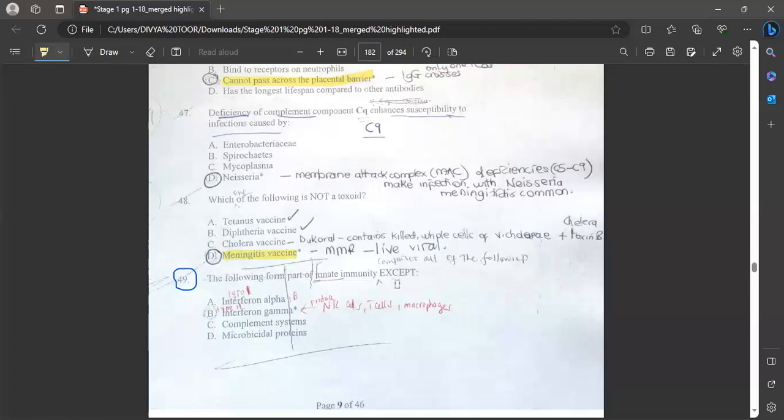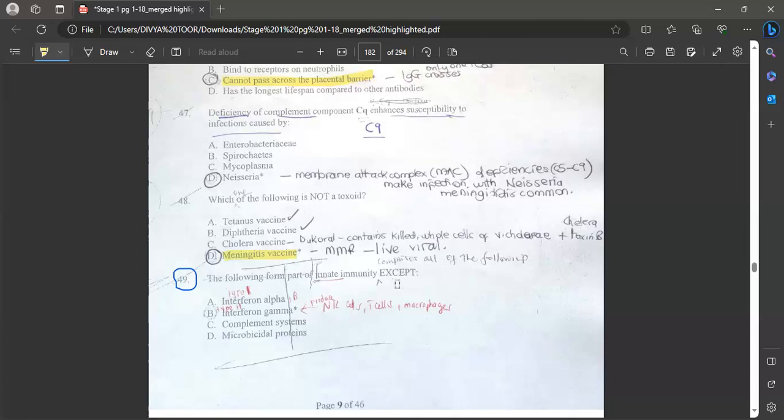What about interferon alpha? What do we know about interferon alpha? Okay, interferon alpha is a cytokine produced by the innate immune system in response to environmental exposures, including viral infections.